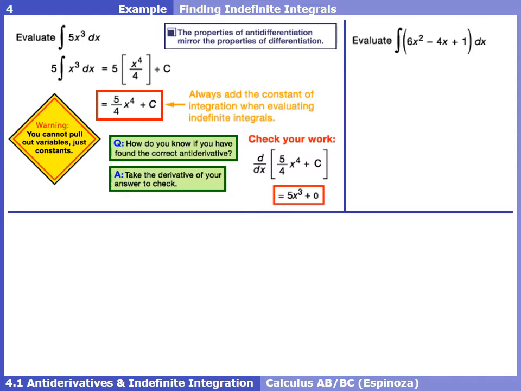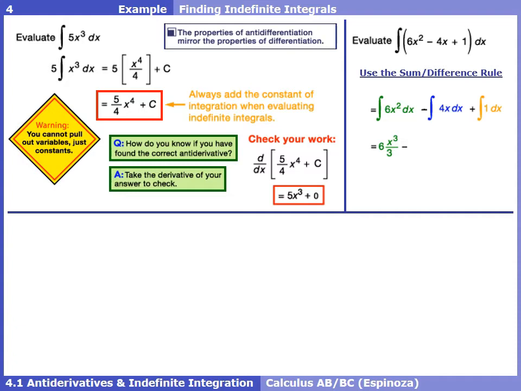Okay, here we're being asked to take the integral of several functions being added or subtracted, which again means we can use the sum difference rule, which is a fancy way of saying we can integrate each of these functions separately. And since we're integrating each of these separately, we can apply the power rule to each of these. They fall into the category of being integral friendly, a number, an x, and a power.